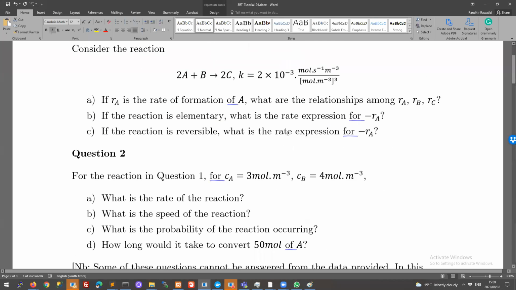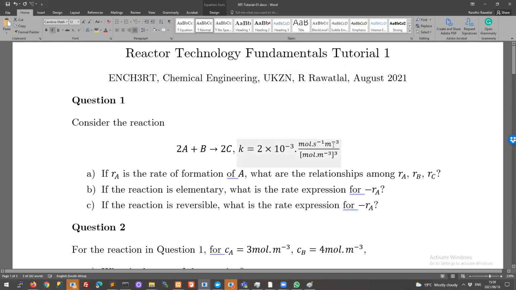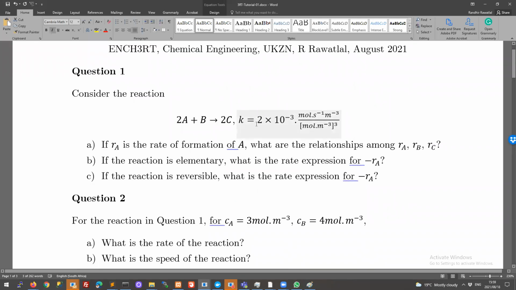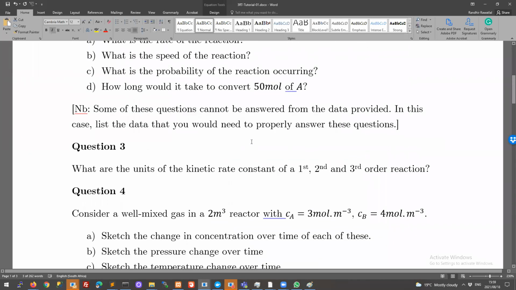So that's why it's written in this weird way, right? You can see up here, the units for rate, moles per second per cubic meter, and then you've got moles per cubic meter, so that's concentration, and then it's third order because it says it's elementary, and if you count here, you can see that's going to be third order. So it's concentration cubed, so that's why the units look like that. And so just to note then, always be very careful with your units on K. It is going to depend on the nature of the reaction.